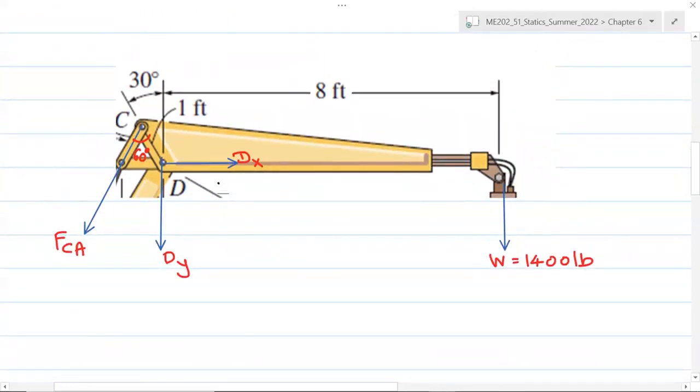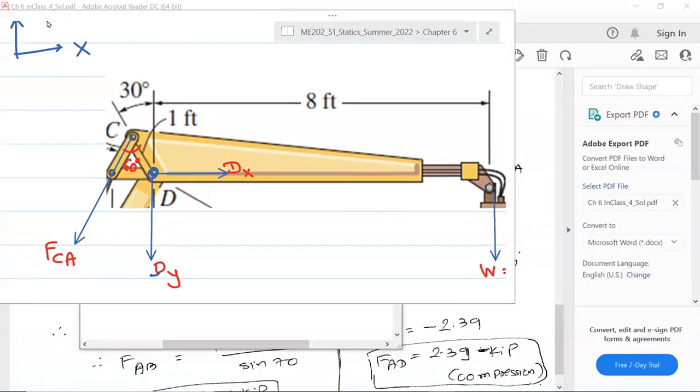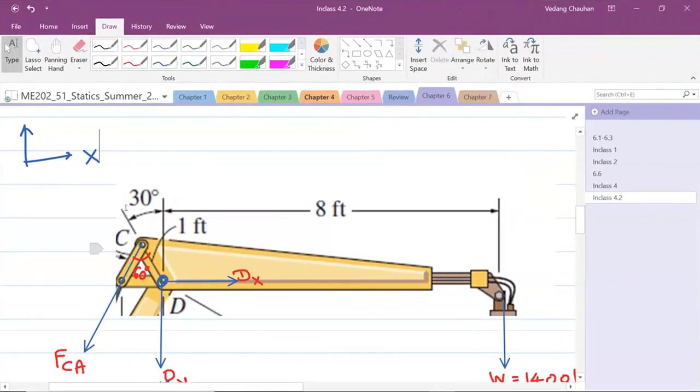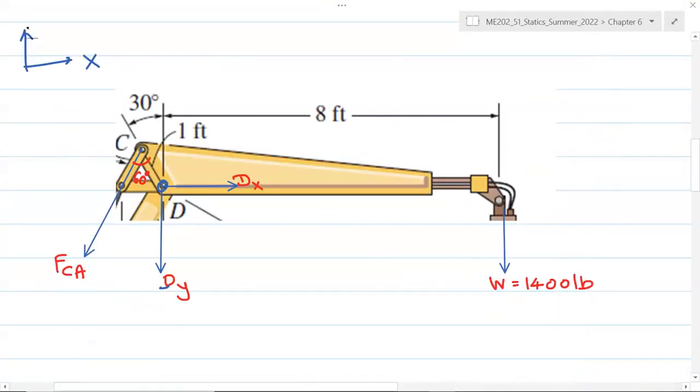So here is that free body diagram where W is 1400 acting down. At pin D, or joint D, we have support reactions Dx and Dy, horizontal and vertical. This is X, this is Y. That's our coordinate system. Now at joint C, we have this link AC which is connected.